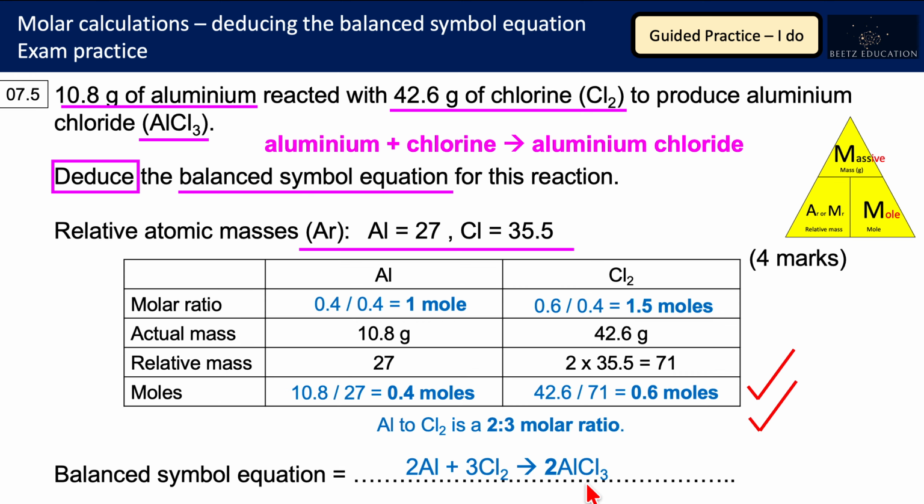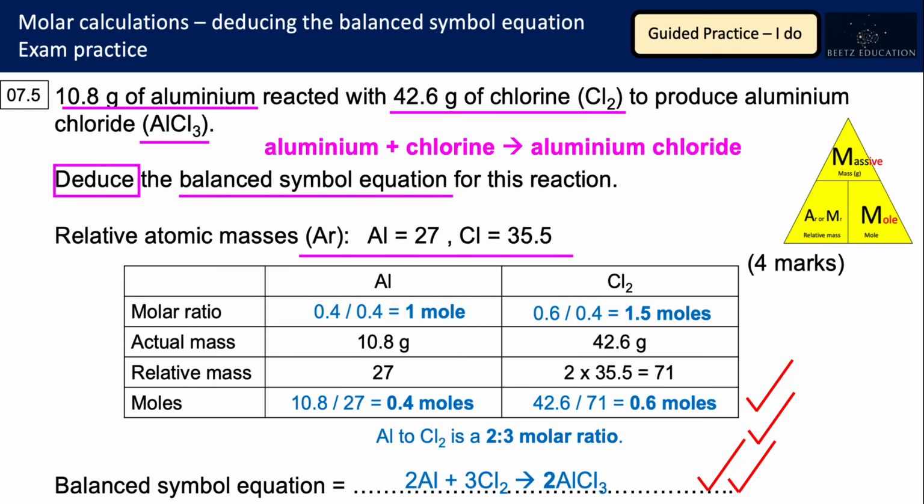Now there's 2 marks up for grabs for this, and I'll explain where those 2 marks come from. The first mark is for using my 2 to 3 molar ratio of Al to Cl2 to write out my reactants as 2 moles of aluminium to 3 moles of Cl2. The second mark is relating to my aluminium chloride.